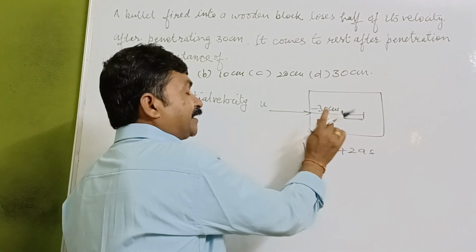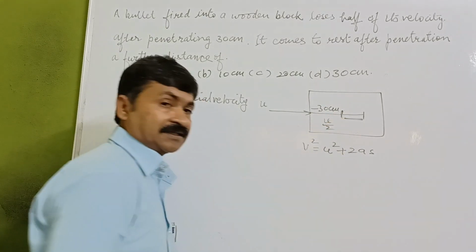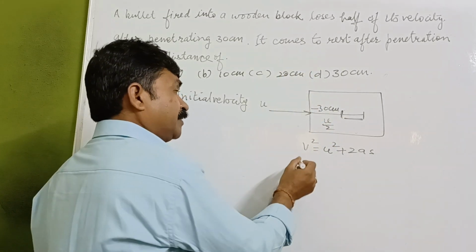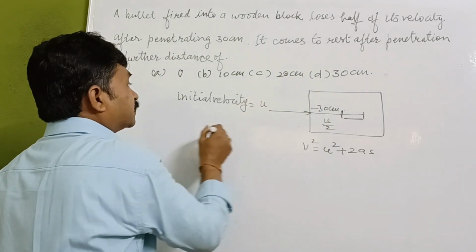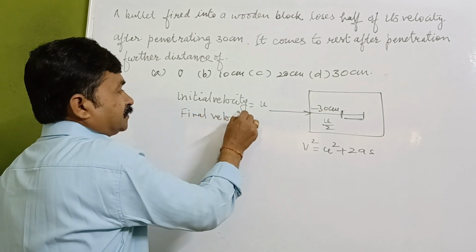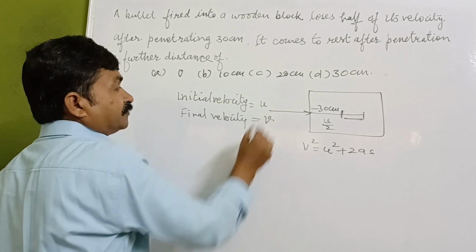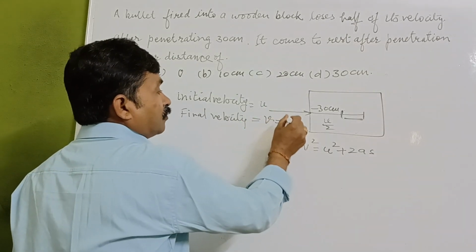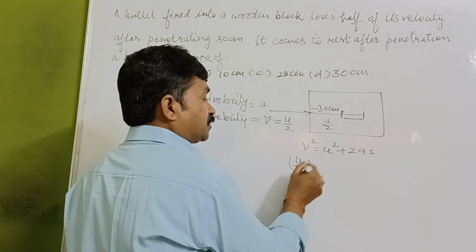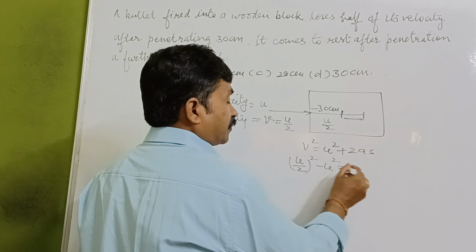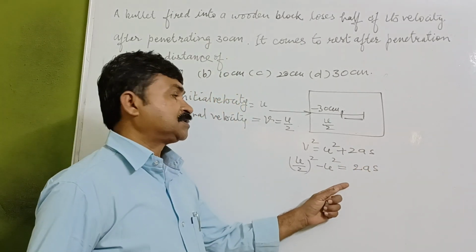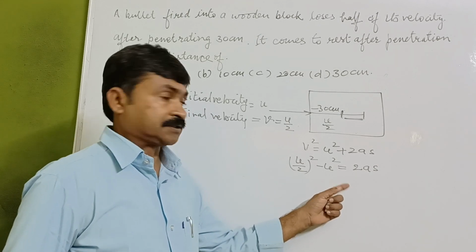Now when it is penetrating and after penetration it is having a velocity u by 2, the final velocity v will be equal to u upon 2. So if we take this, u upon 2 square minus u square is equal to 2as. With the help of this we can determine the acceleration.